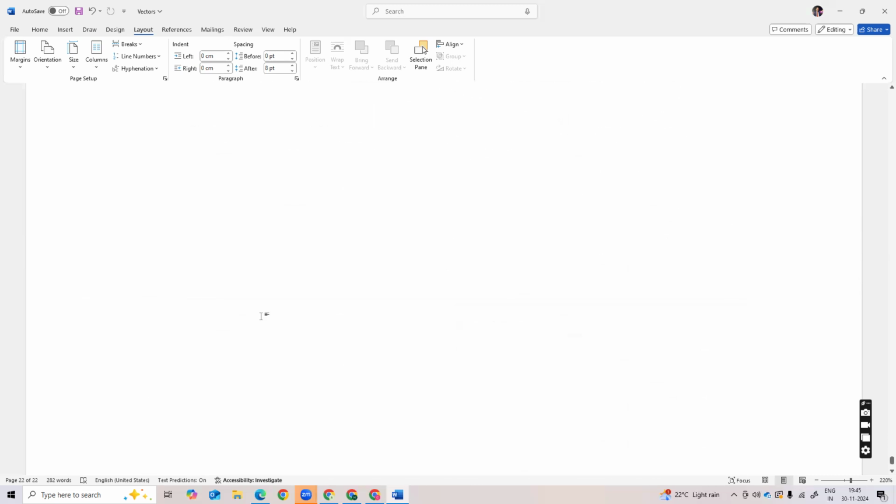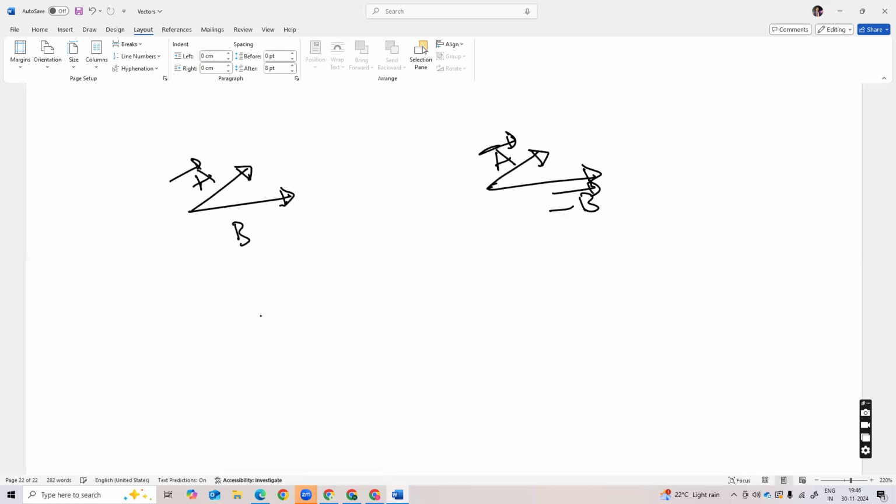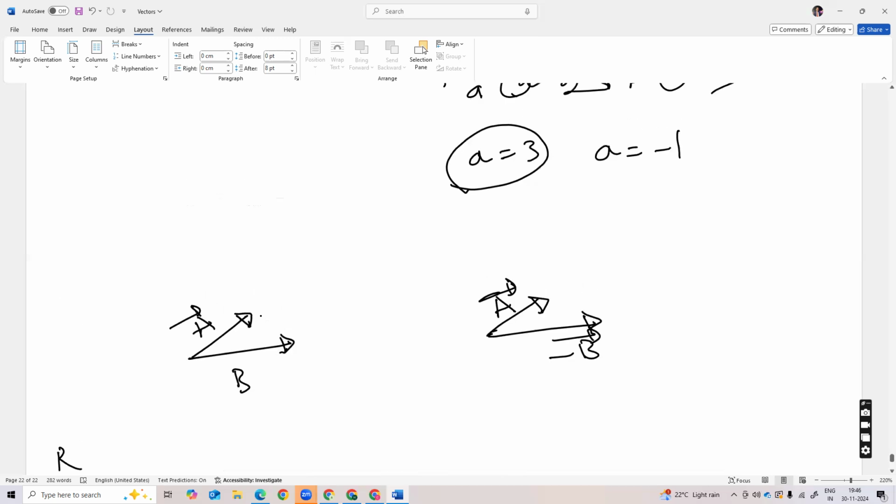If I give you any two vectors, let's say you have vector a and vector b, and again you have vector a and vector minus b. What they have given is the magnitudes: mod of a plus b is the same as mod of a minus b.